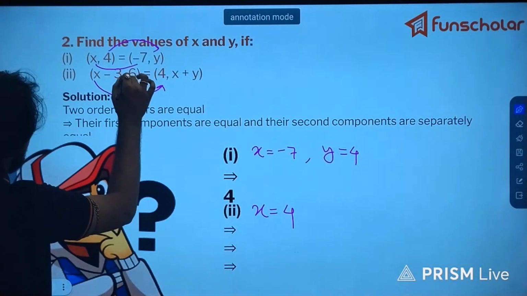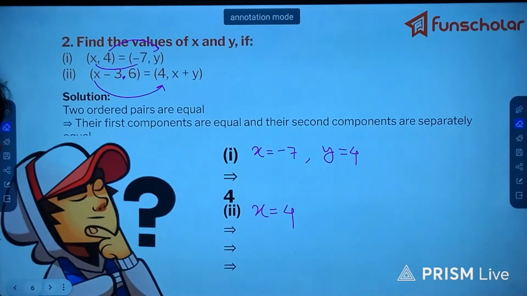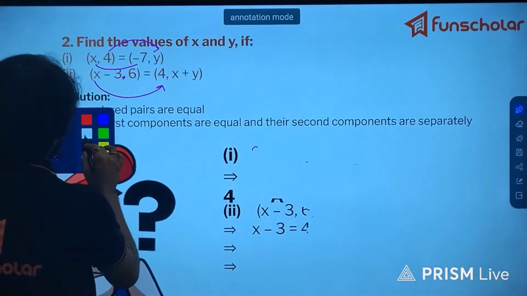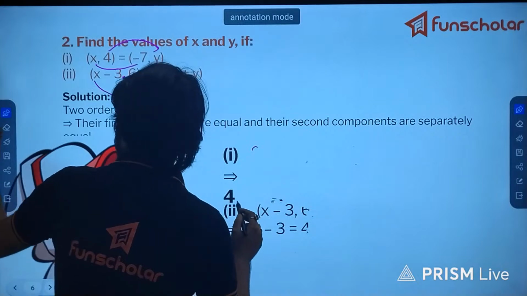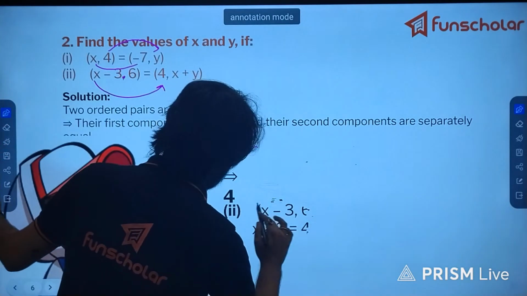Now this is the second one, (3, 6). Achha, x minus 3, sorry. Very sorry, x minus 3 was given.